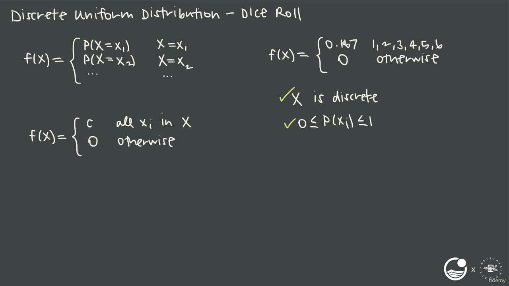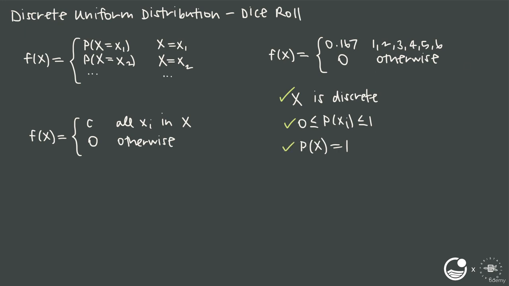Then these values have to sum to a total of 1. We have this 0.167 probability 6 times, and approximately 0.167 times 6 is equal to 1. So the probability of all of the values of x is 1, and we meet that criterion as well.